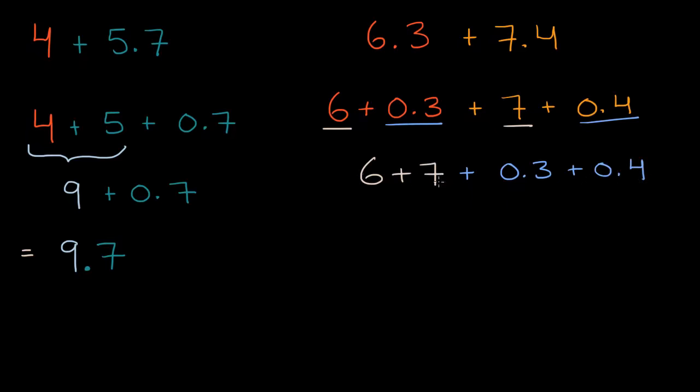So if you add the ones here, you have 6 ones and 7 ones. That's going to be equal to 13. And then 3/10 and 4/10. Well, if you have 3 of something and then you add 4 of that, that's going to be 7/10. And we would write 7/10 as 0.7, 7 in the tenths place.